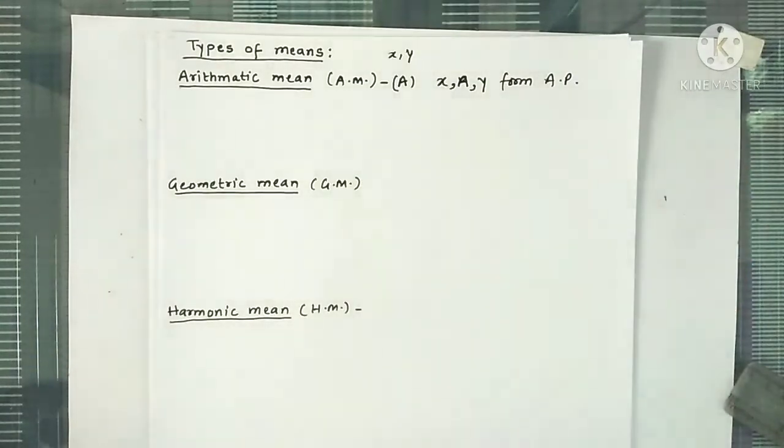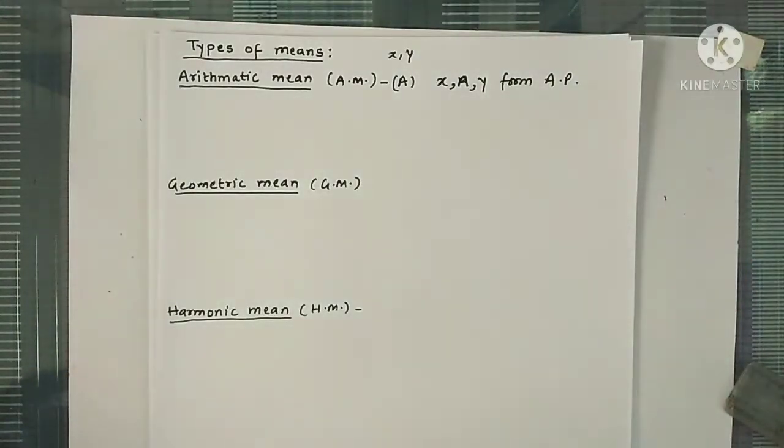Okay, so these three numbers x, A and y are in arithmetic progression, then we say that A is arithmetic mean of x and y. So A is the middle number and it is arithmetic mean of x and y.